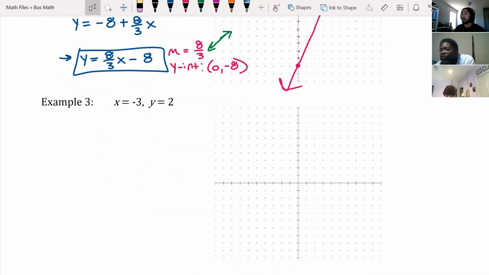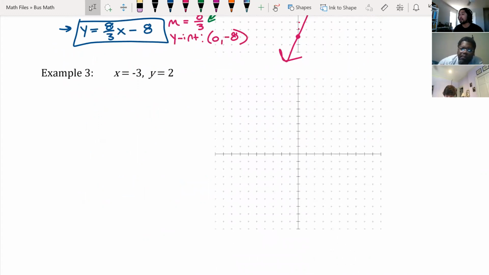So we just want to graph x equals -3 and the line y equals 2. Well, x equals -3. If you go back to the 2nd page, what is the type of graph for x equals -3? What type of line is it? Vertical or horizontal?